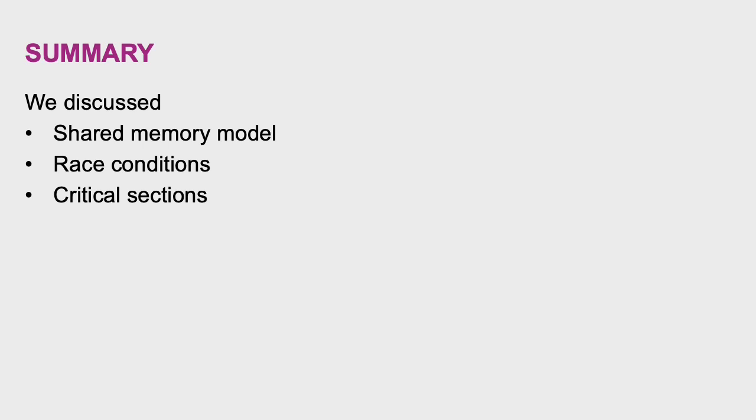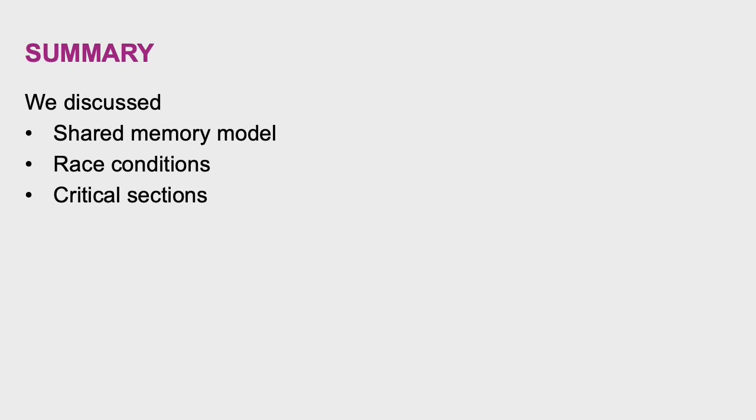And really, really important, we have started to understand how to manage these race conditions by introducing the concept of critical section. The critical section is the section of code in which a thread accesses a shared resource.